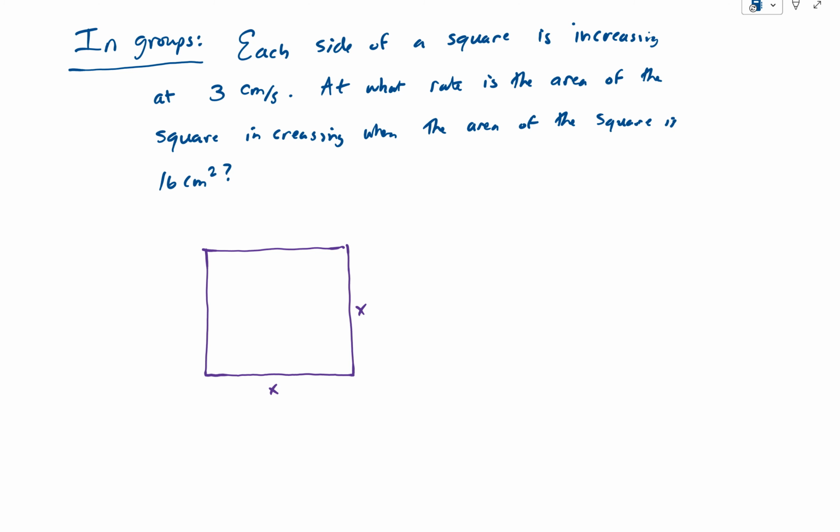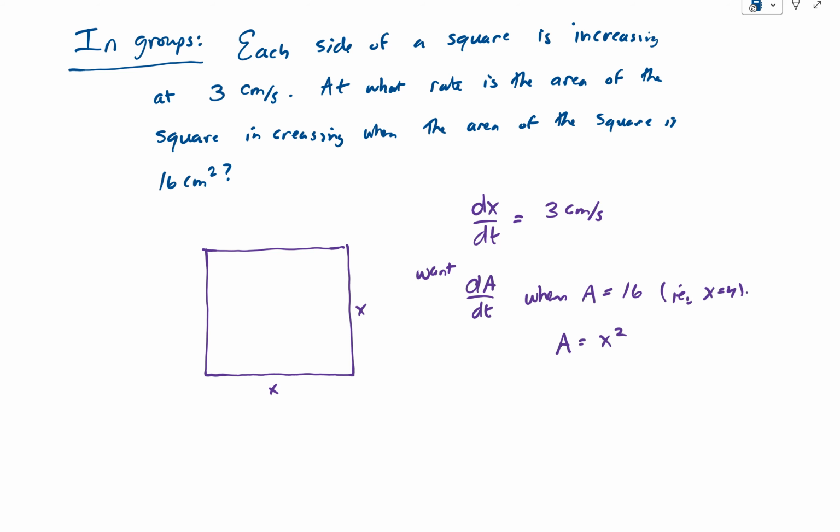We know dx dt is given by 3 centimeters per second, and we want to know how much the area is increasing, so we want dA dt when A is equal to 16. Note that A is given by x squared, so in other words, this is when x is equal to 4.